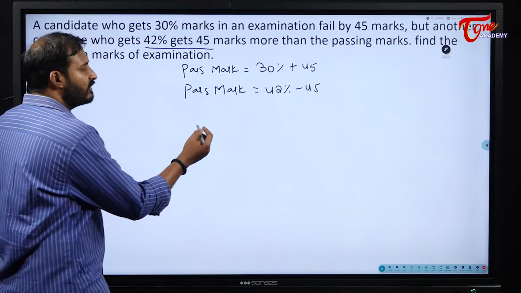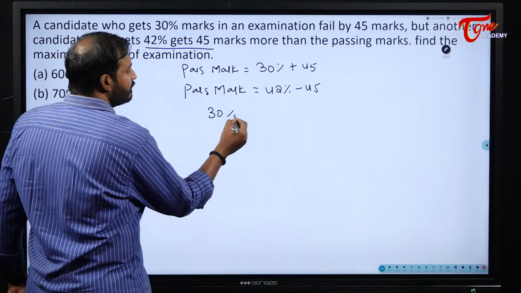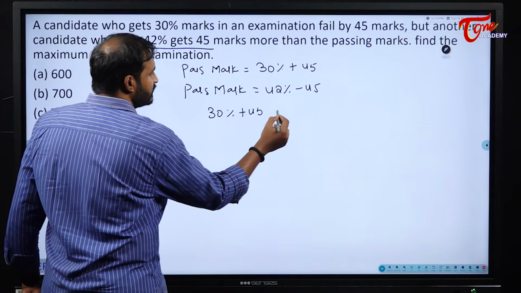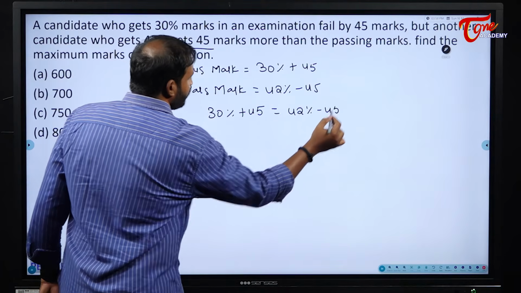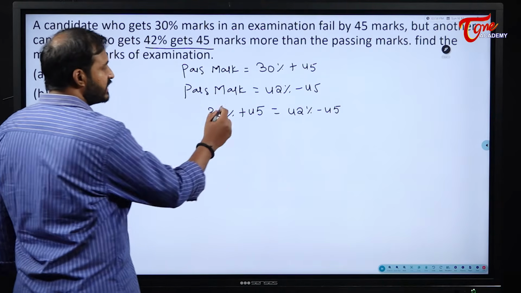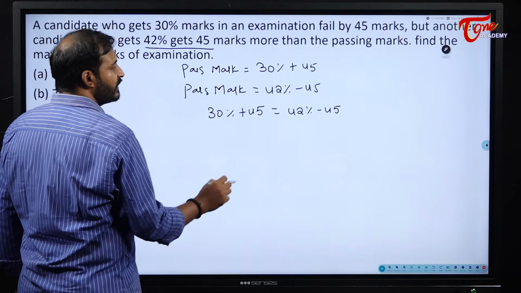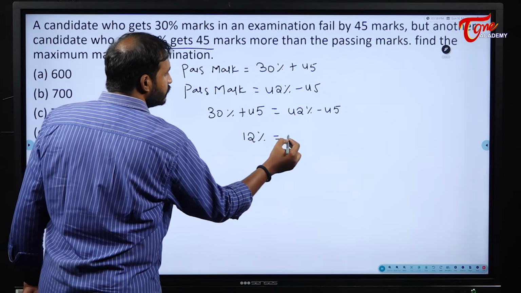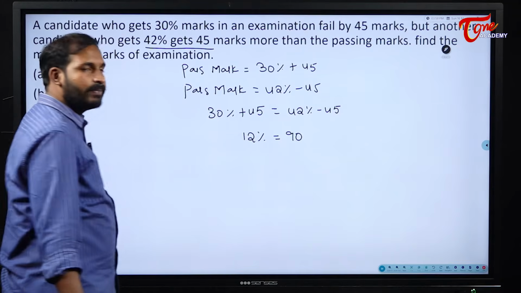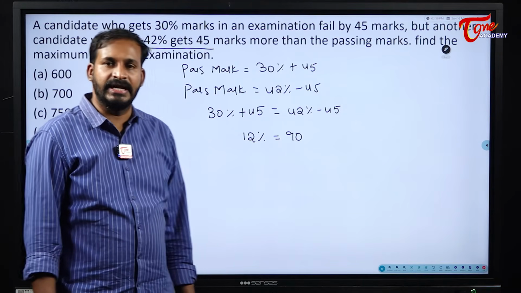Both the values are equal, right? So 30% of total plus 45 is equal to 42% of total minus 45. When I send this 30 to that side and 45 to this side, it becomes 12% equal to 90. So 12% of total marks is equal to 90 marks.